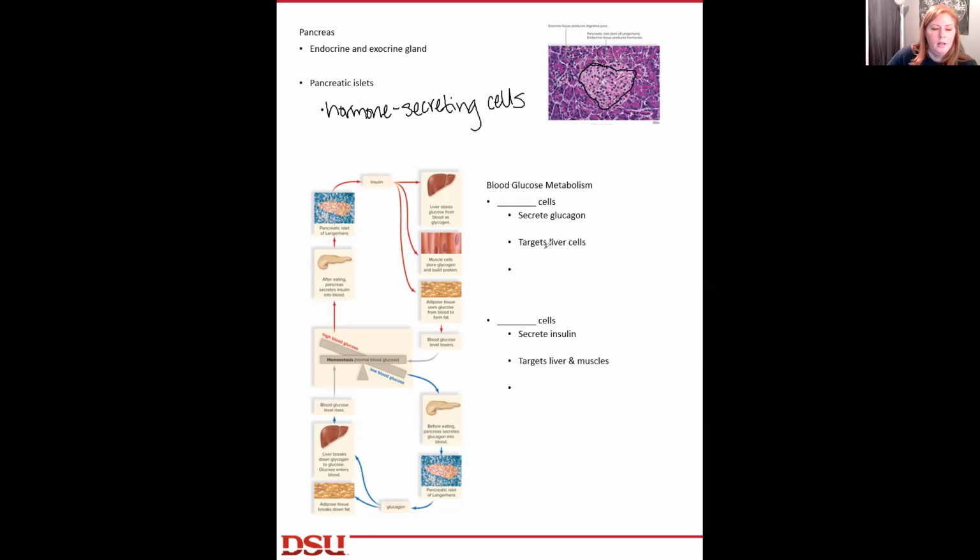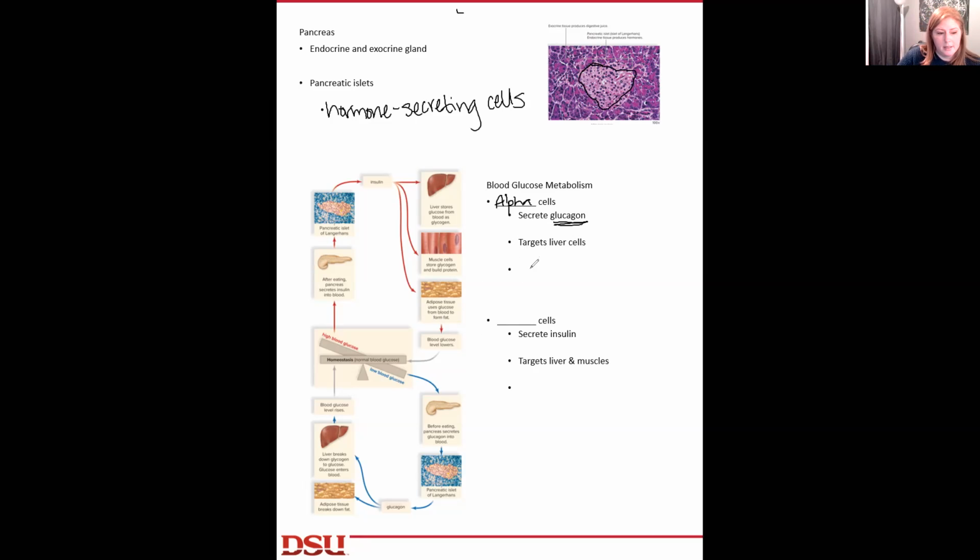Okay. We know that the pancreas is essential for the natural regulation of glucose levels in the blood. So we have something called alpha cells. And alpha cells secrete glucagon. The glucagon is going to target cells in the liver.